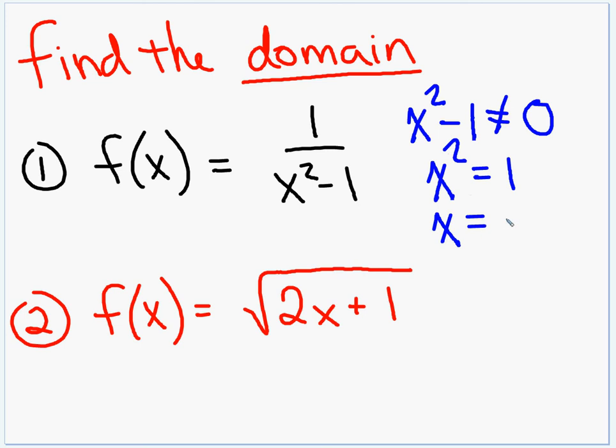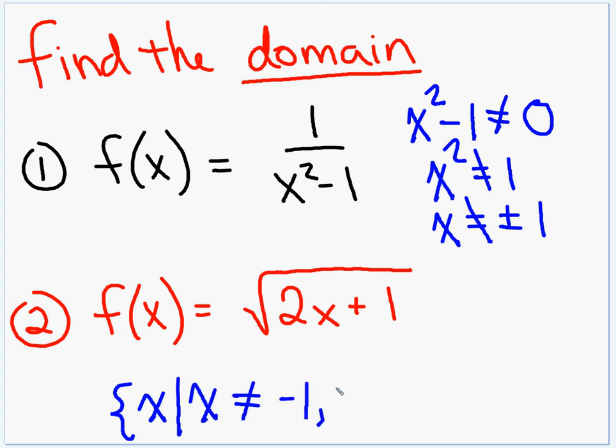X would equal plus or minus 1. So the domain, that should be not equals, not equals. So the domain here is all numbers except plus or minus 1. And I guess we could write it like this: the set of all x such that x does not equal negative 1, positive 1, close set.